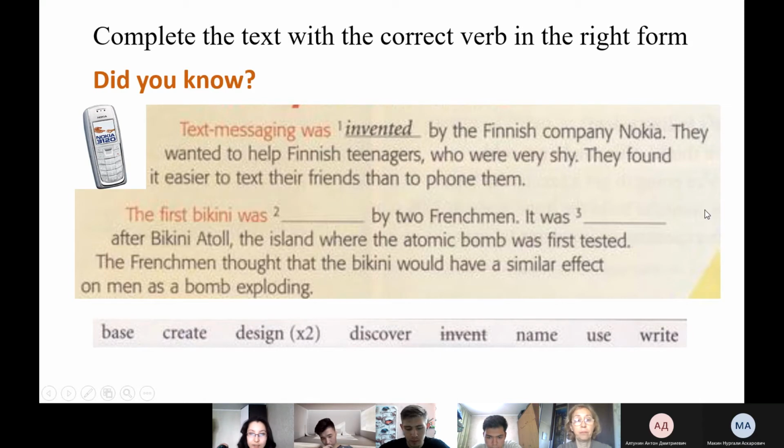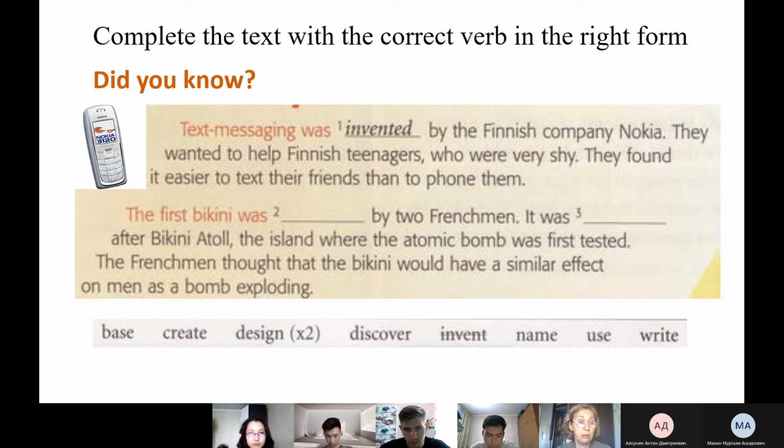Text messaging was invented by the Finnish company Nokia. They wanted to help Finnish teenagers who were very shy. They found it easier to text their friends than to phone them. Mm-hmm. You see, where is the verb in the passive voice? Was invented.